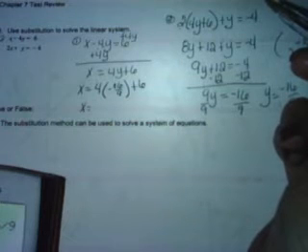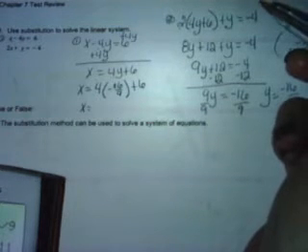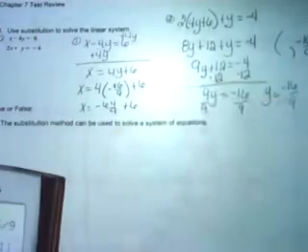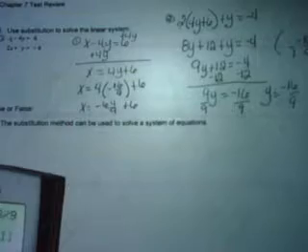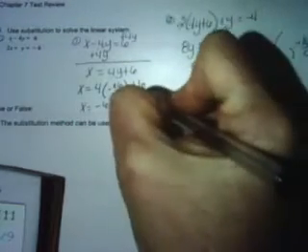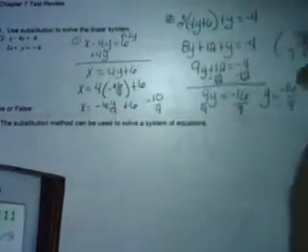Negative 64 ninths. You're going to get a decimal and you're going to go math, enter, enter, and change it back to a fraction. So we get negative 64 ninths plus 6. So negative 64 ninths plus 6 gives us, math, enter, enter, negative 10 ninths.